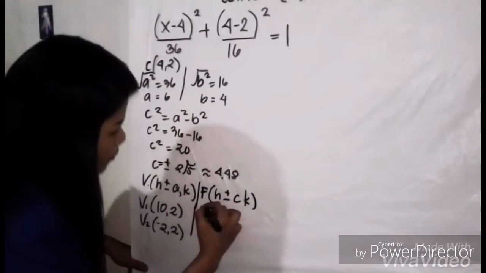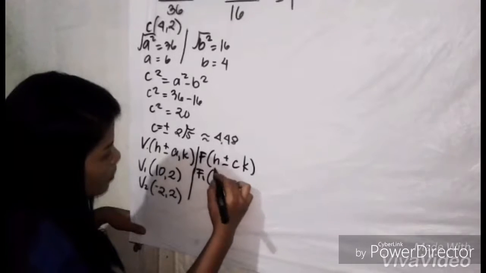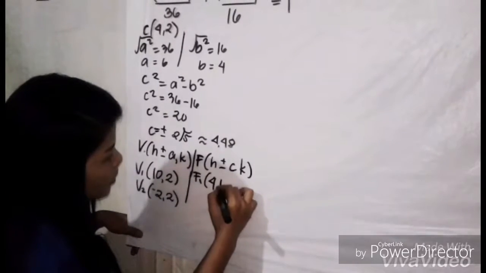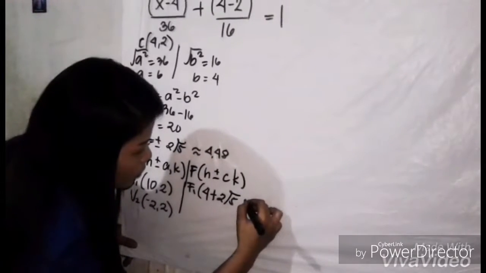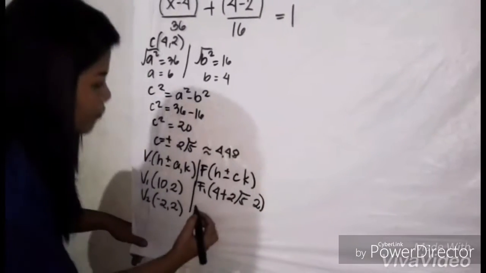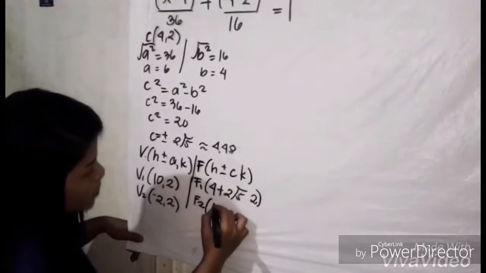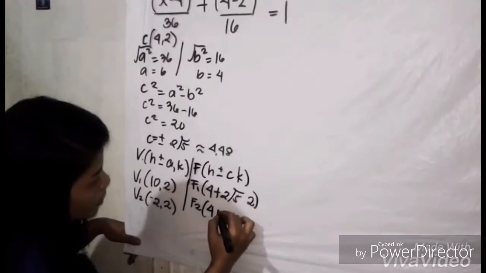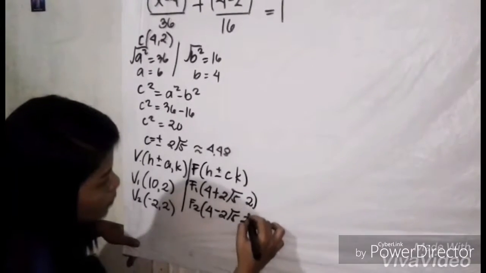Substituting, focus 1 is (4 plus 2 square root of 5, 2) and focus 2 is (4 minus 2 square root of 5, 2).